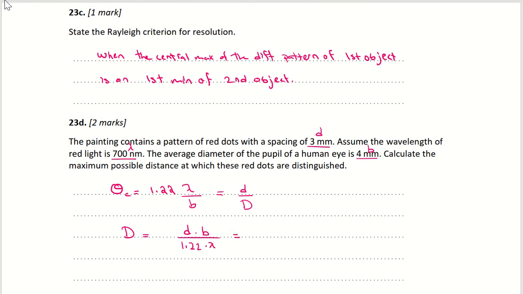Now I need to just substitute, so 3 times 10 to the power of minus 3 times 4 times 10 to the power of minus 3 over 1.22 times the wavelength, which is 700 nanometers. So I need to use my calculator here to find the answer.